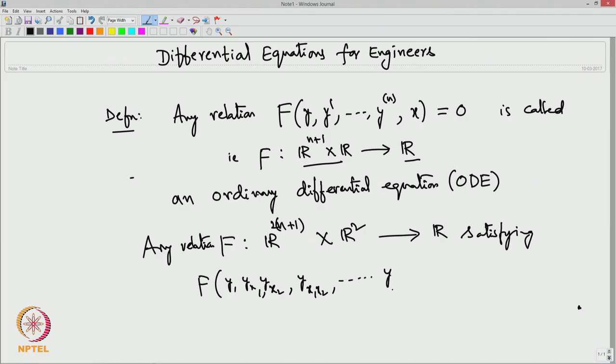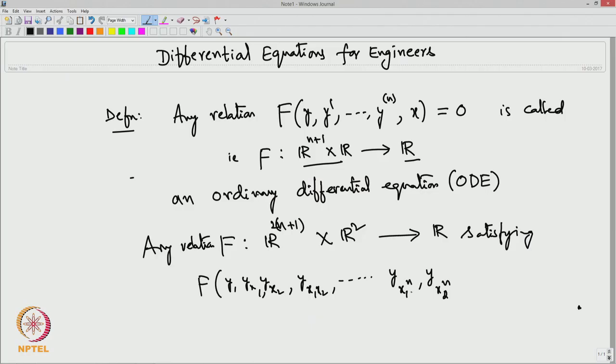Similarly, you have second derivatives, and so you go up to n derivatives, depending on the order. If you have n derivatives of y, let us write y_x1 to the power n, y_x1x2 to the power n.